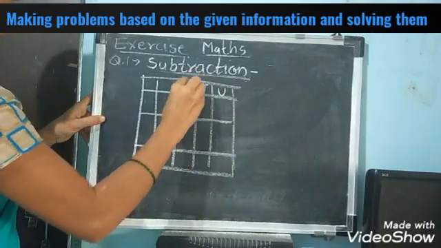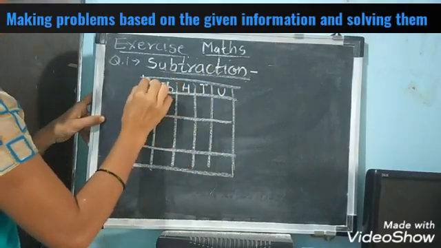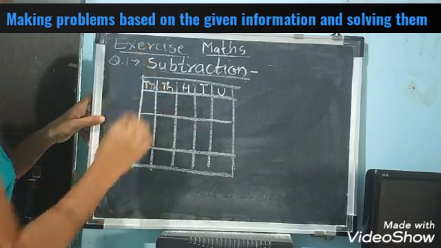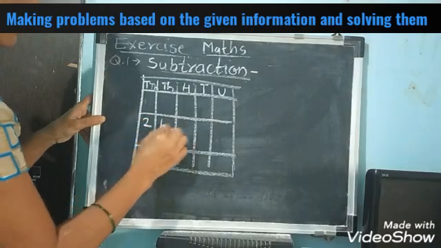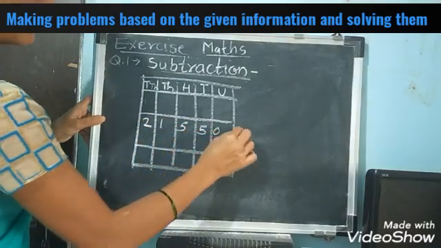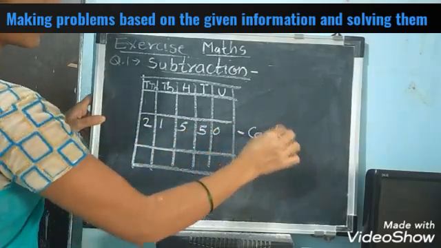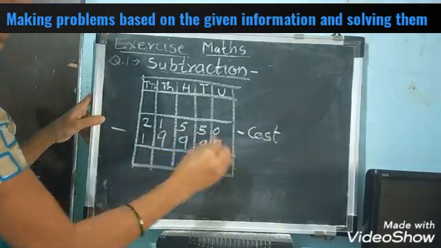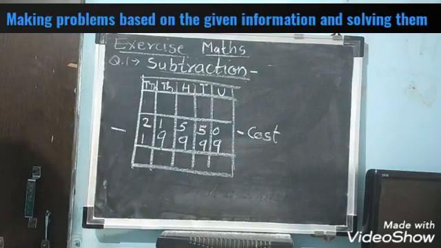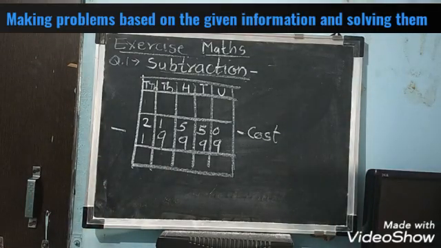Units, tens, 100, 1000 and here 10,000. Which is the biggest number in these two numbers? 21,550. What is this? It is cost. This is the biggest number and 19,999 is the smaller number. Okay. Now always start from the unit place.